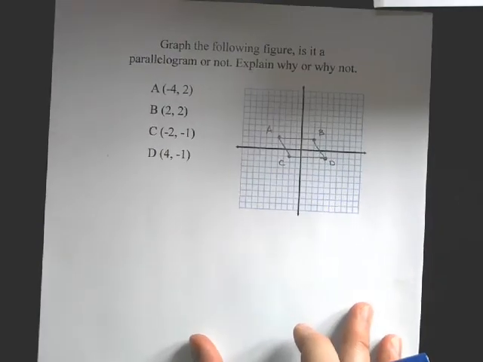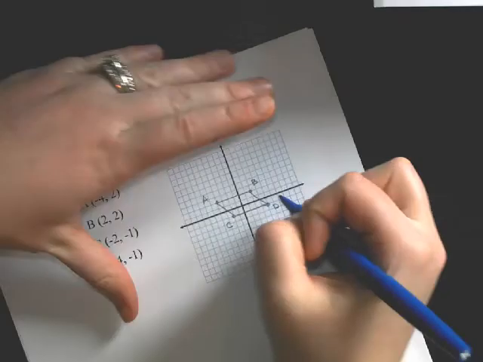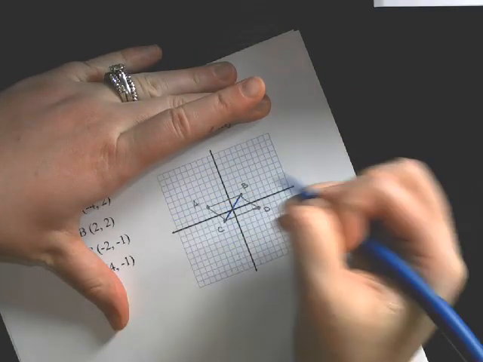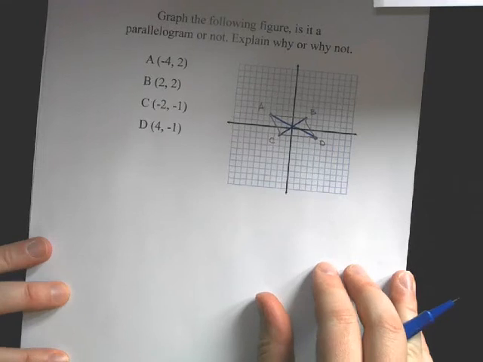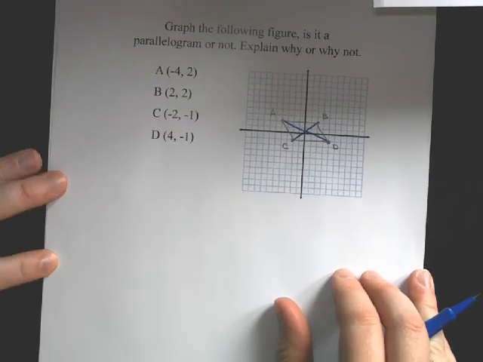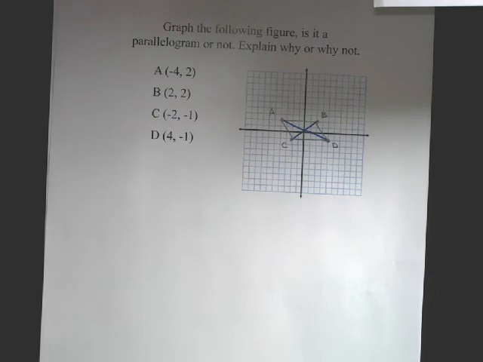And I know that I want to try and find that my midpoints are going to be the same on these diagonals. So I'm going to go ahead and connect my diagonals. And I want to see if they end up having the same midpoint. So you're going to have to go back and look over all of those formulas.